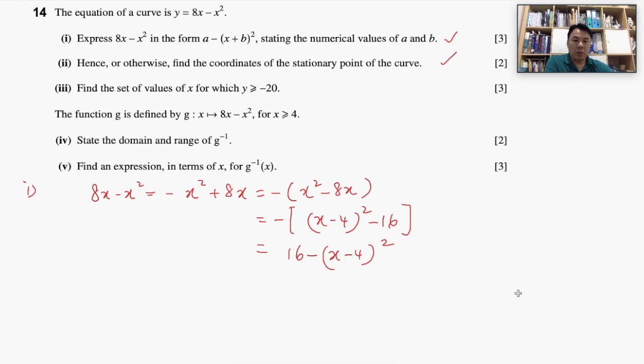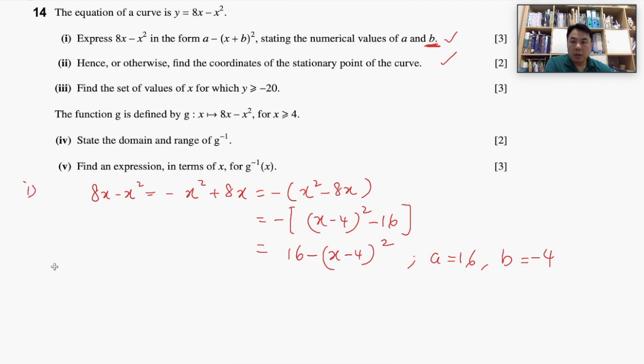Again, I'm going to check that mentally whether I'm getting the correct answer here. Then this is the completing the square form. The a is 16, the b is -4. Now please be very mindful how you are going to express the b.